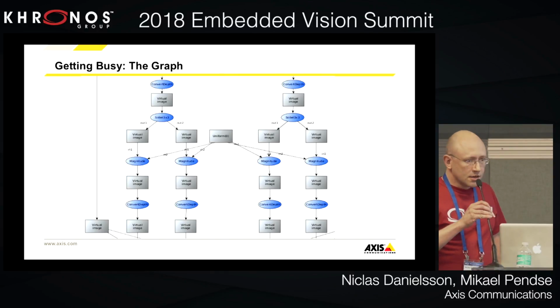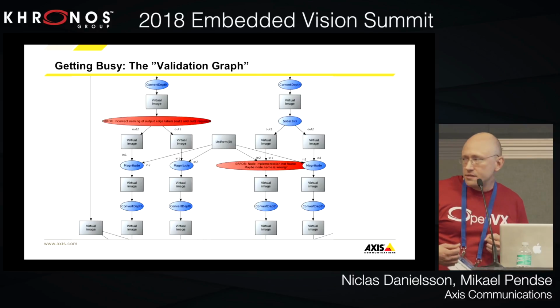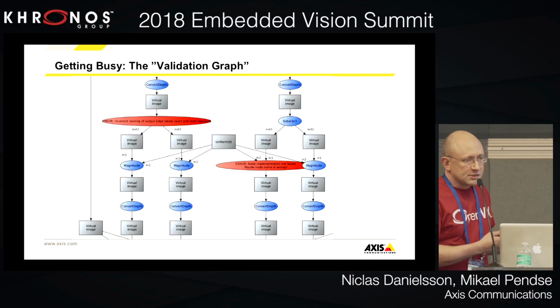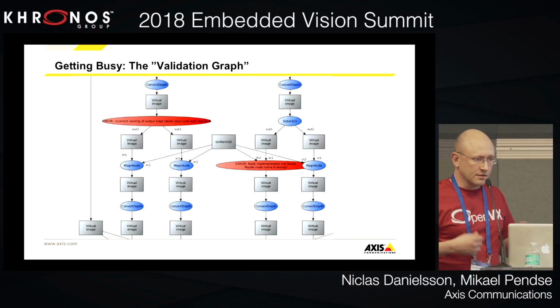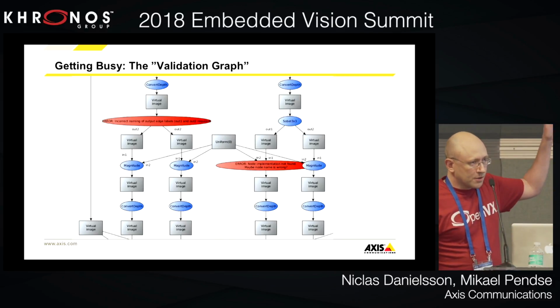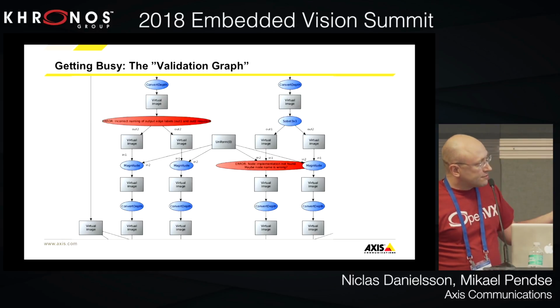Since we're anyway doing this in this graph thing, it's quite easy to add a little bit of extra things. Here's a part of one graph we used. When you parse it, you can actually set up some checks to see if you've made any mistakes, because it's clearly specified in the standard how many inputs and outputs there should be and which formats they can accept. So when we parse it, we do a pass through and check that everything is consistent. And then we create what we call a validation graph.